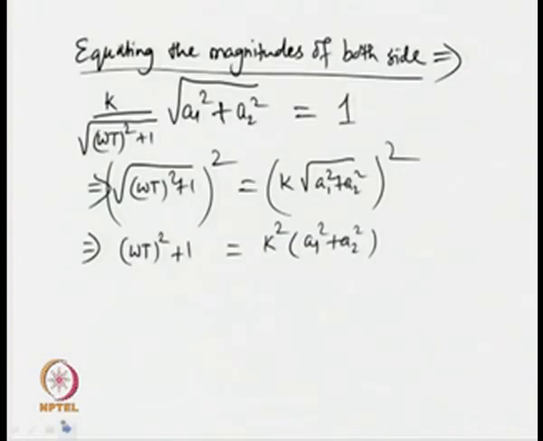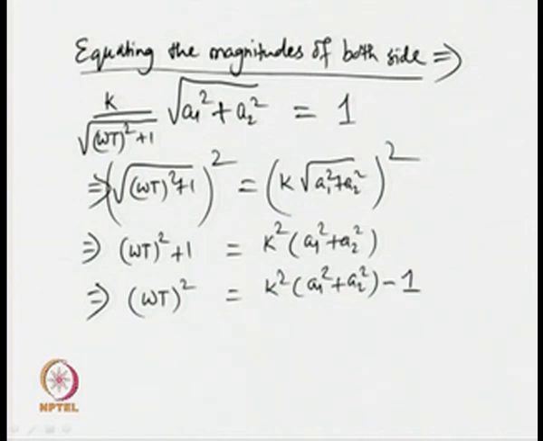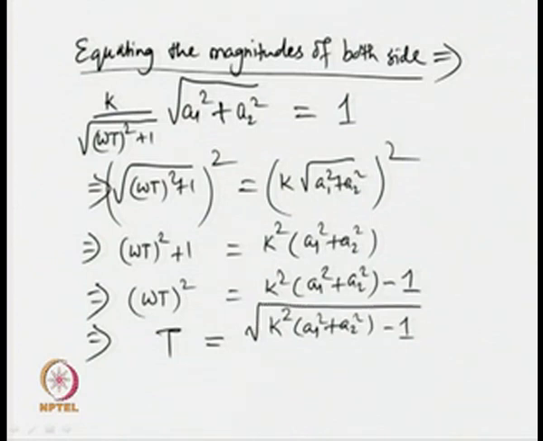Okay. Then (ωT) squared is equal to K squared times (A1 squared plus A2 squared) minus 1, implying T is equal to, finally directly I will write now, the square root of (K squared (A1 squared plus A2 squared) minus 1), divided by ω.